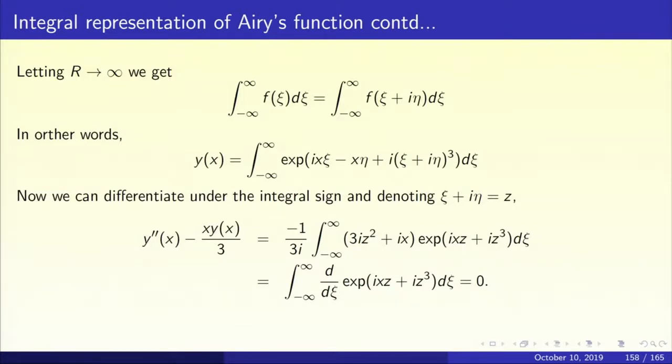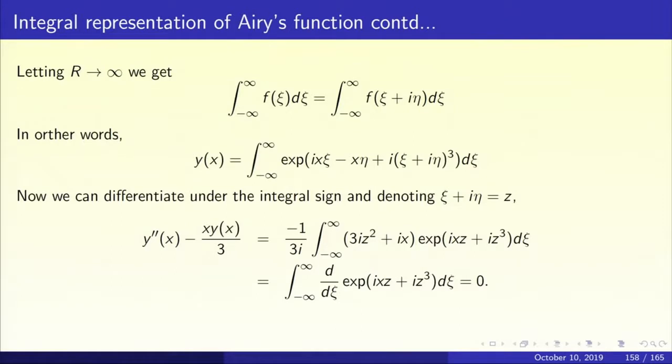Now we can differentiate under the integral sign because the integral converges rapidly and absolutely. When you differentiate y twice with respect to x, what you see under the exponential is exponential of i x z, so two differentiations will pick up a minus z squared. What I had done is introduce a 3i factor in the numerator and denominator for convenience, and pull out the negative sign.